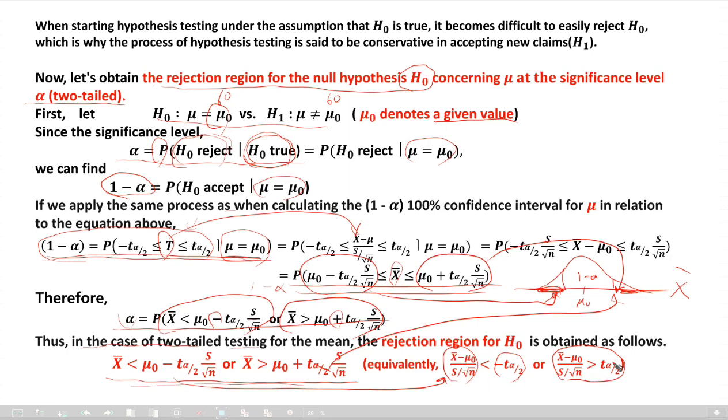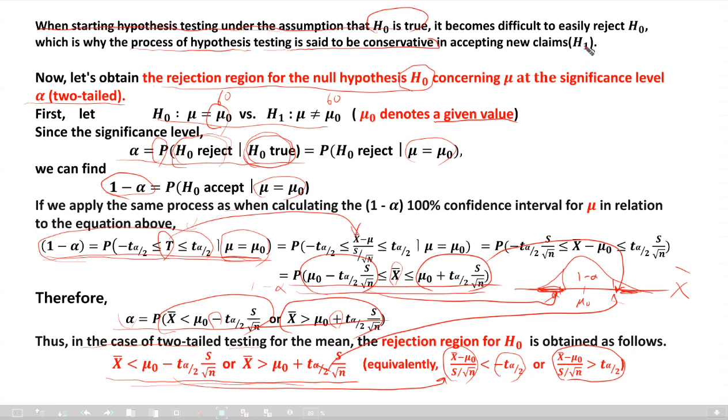Okay, I add one more comment today. When starting hypothesis testing under the assumption that H0 is true, as I told you several times already, it becomes difficult to easily reject H0, which is why the process of hypothesis testing is said to be conservative in accepting the new claim H1.